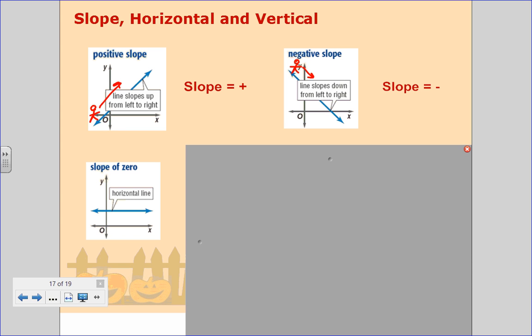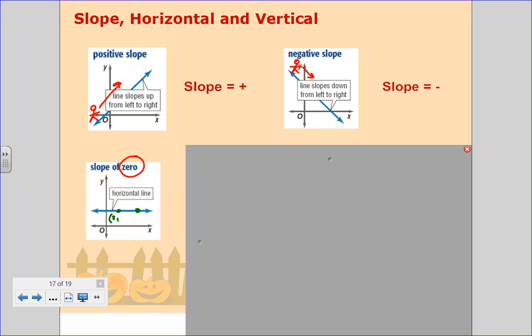So remember, a horizontal line is a line that is flat from left to right. These will have a slope of 0, and this is something you'll need to learn and memorize if you're not able to find it on your own. But the way to figure out that a horizontal line always has a slope of 0 is, let's pick any 2 points from this line.